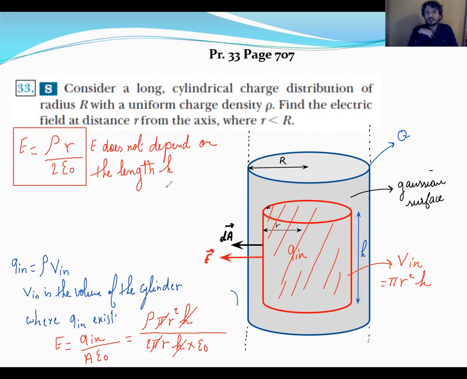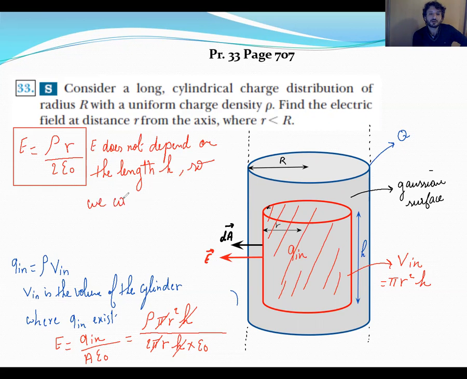If we take a small Gaussian surface or a long Gaussian surface, this will not affect the value of the field created at this position.